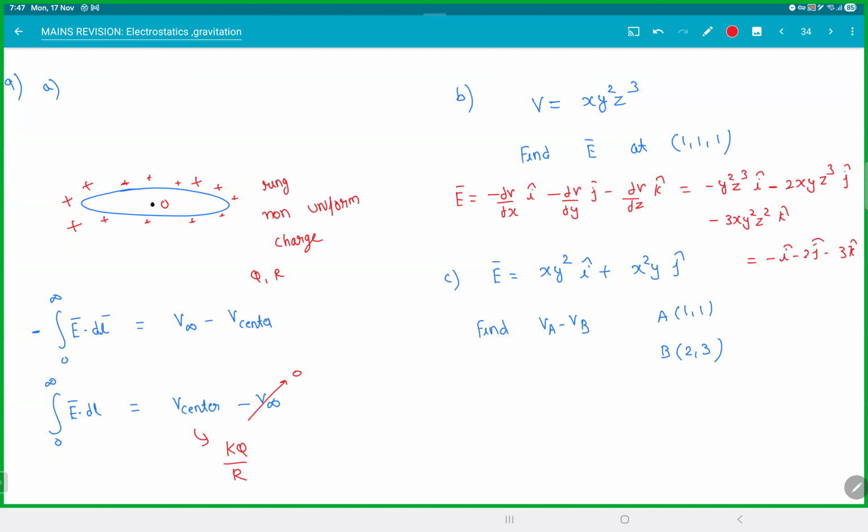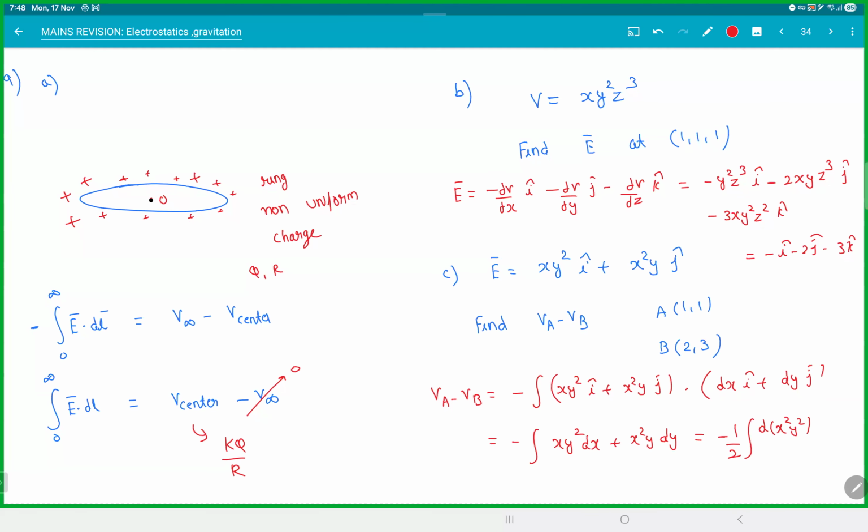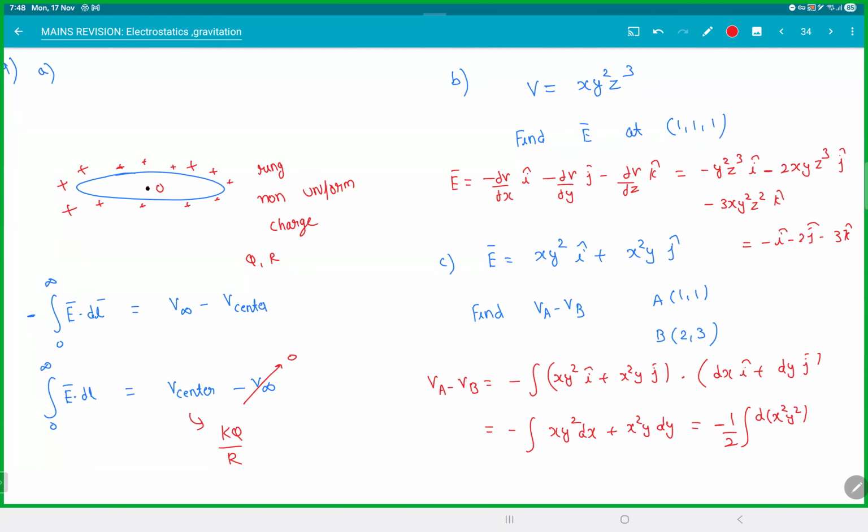And what about this guy? VA minus VB is minus integral of xy square i cap plus x square y j cap dot dr. Dr is nothing but dx i cap and dy j cap. Hope you guys remember, this forms a perfect differential. Xy square dx plus x square y dy can be written as minus integral of d of x square y square by 2. There's a name for this kind of differential. It's called a perfect differential.